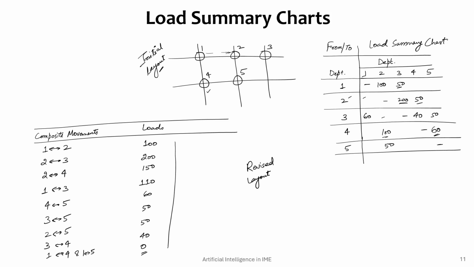You have no movements between 1 and 4 and 1 and 5, but here 1 and 4 and 1 and 5 are closer than the third department. So you can bring your third department closer to 1. Now let us try to revise our layout by first creating the same initial layout and start writing the composite movements between these departments.